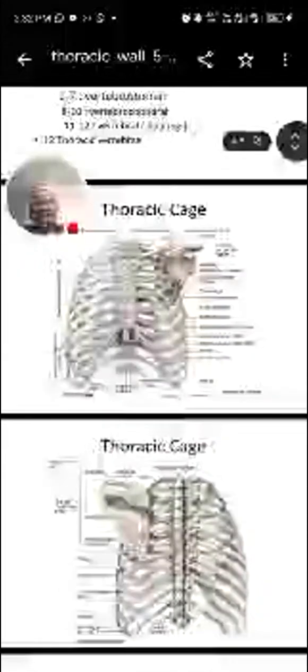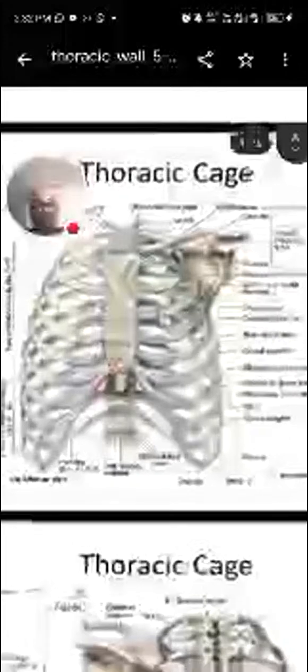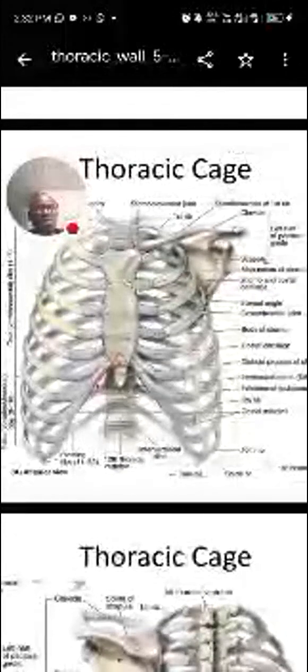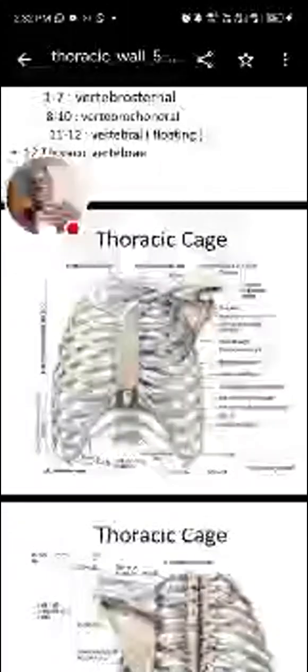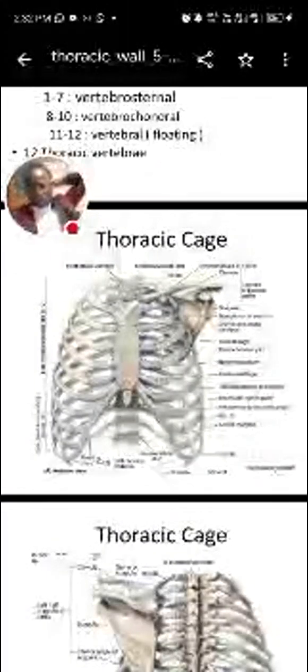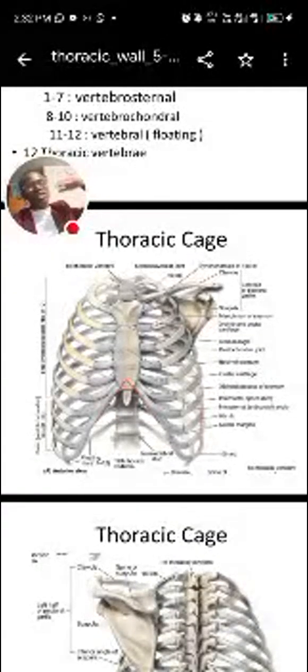After the composition, you talk about the different joints in the thoracic cage, or the diagram. So the diagram is there. Now after that, you talk about both posteriorly and anteriorly: this is the posterior part and this is the anterior part. Now in anatomy, posterior is the back, or dorsal, depending on if the organism or living thing is lying down.